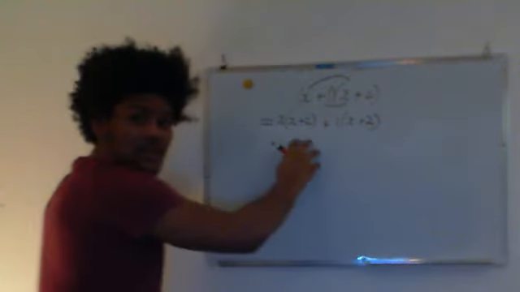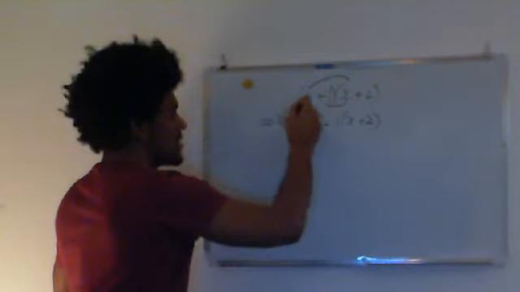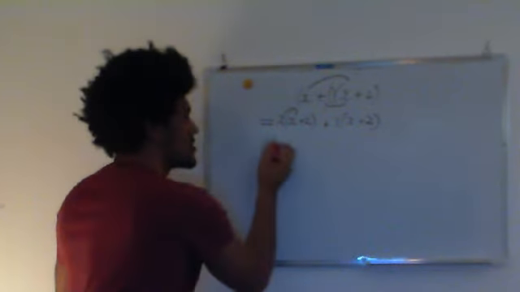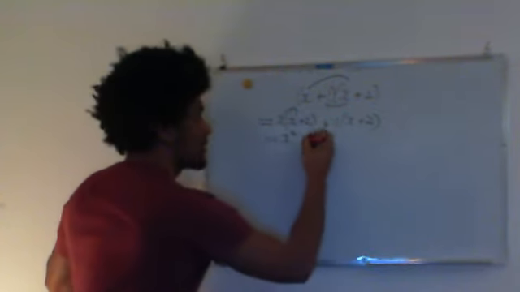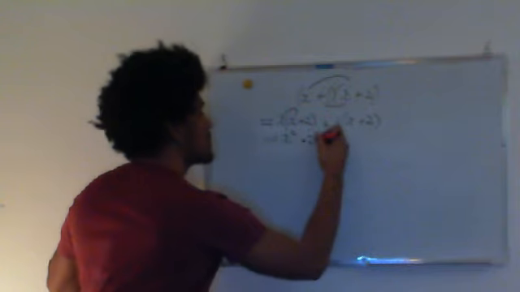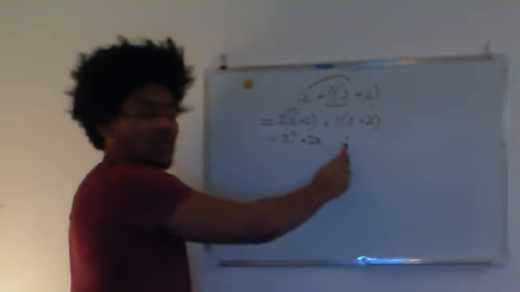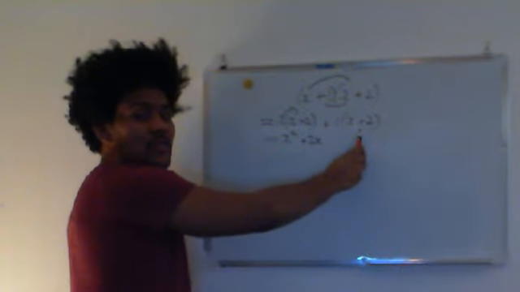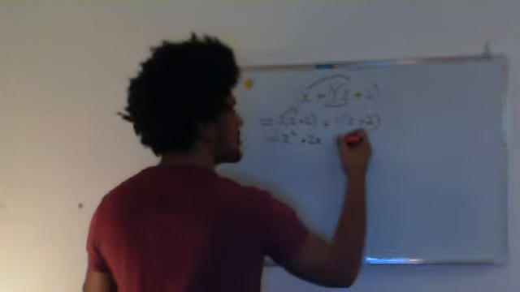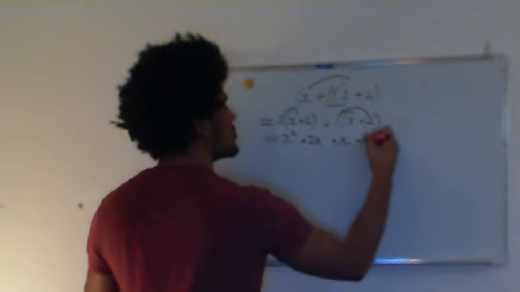We already know how to deal with these expressions from part 1. So it's x times x, which we just discussed is x squared, plus x times 2, which gives you 2x. Obviously 1 times x is x, and 1 times 2 is 2, so it's just going to be plus x plus 2.